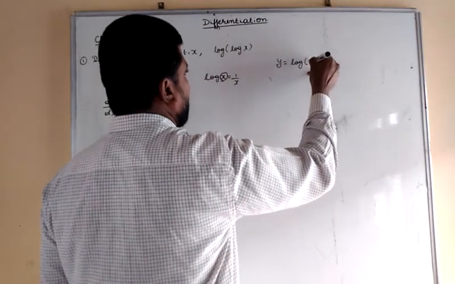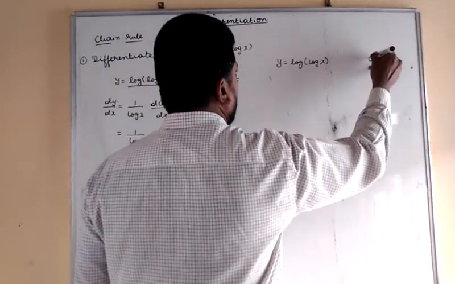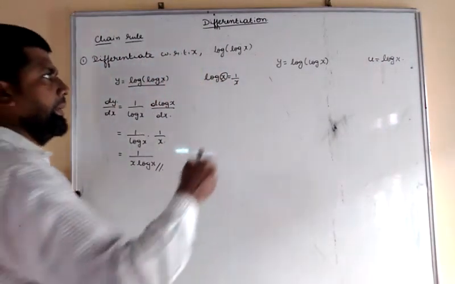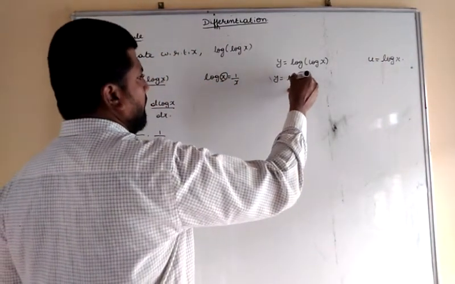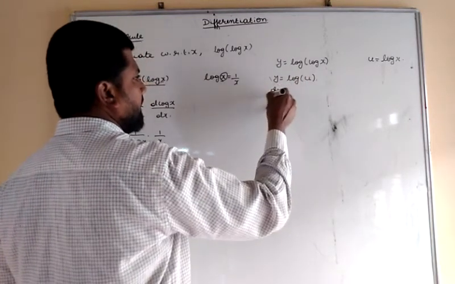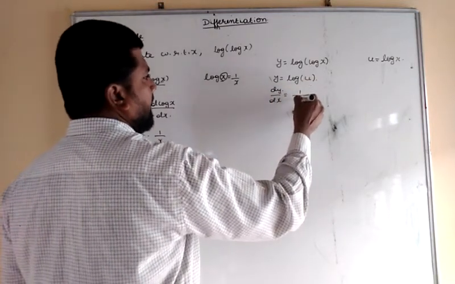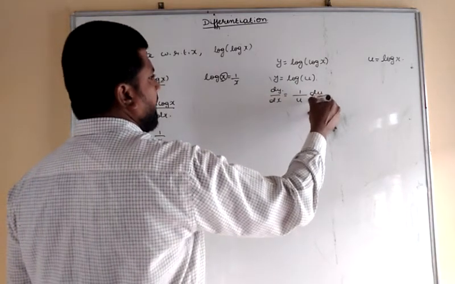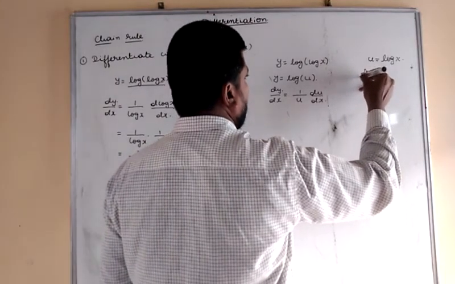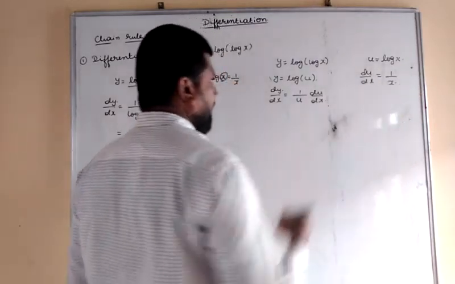Then let us take a substitution method here. Log of log x, let us take u equal to log x. Then substitute: y equals log u, so dy by dx equals 1 by u times du by dx. Differentiating u with respect to x, du by dx is 1 by x.